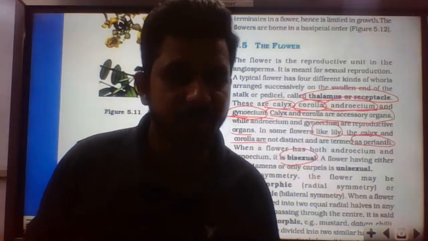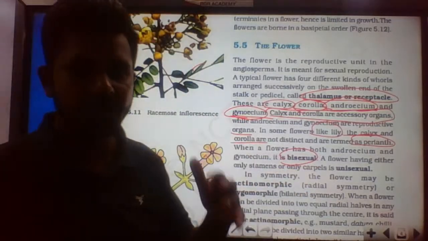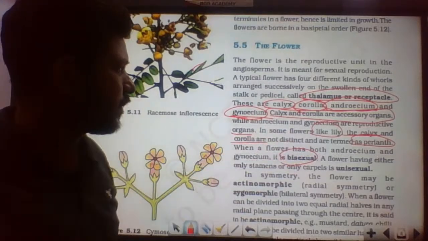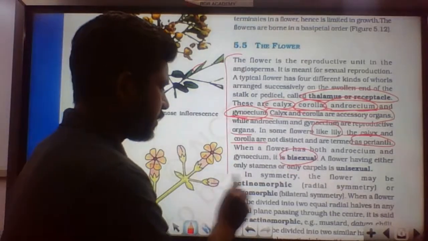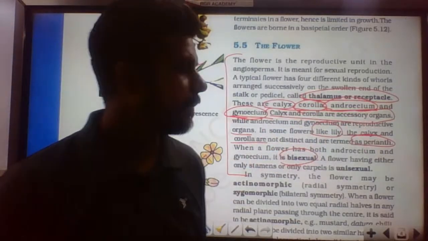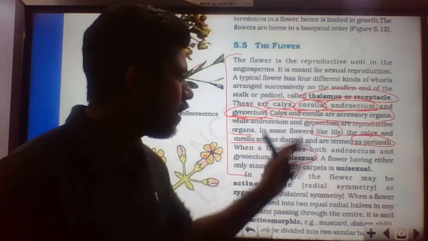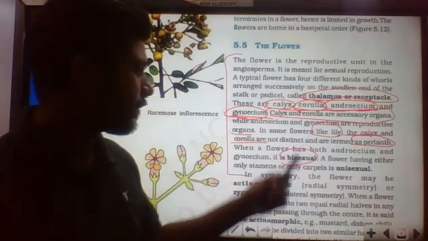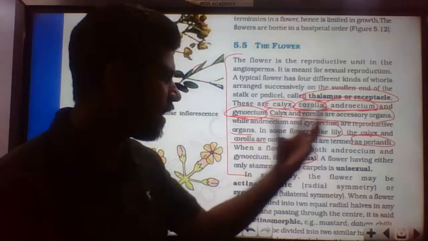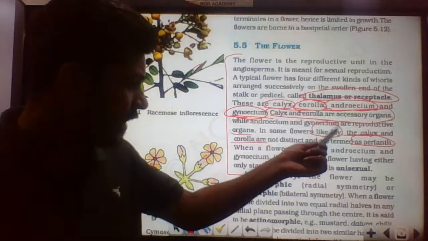So unisexual flowers and bisexual flowers, we will discuss in more detail in the 12th standard lesson. The points to remember from this content are: what is thalamus and what is receptacle; which are the accessory organs and which are the reproductive organs; and in which plants there is no differentiation between calyx and corolla, which is known as perianth, as in lily.